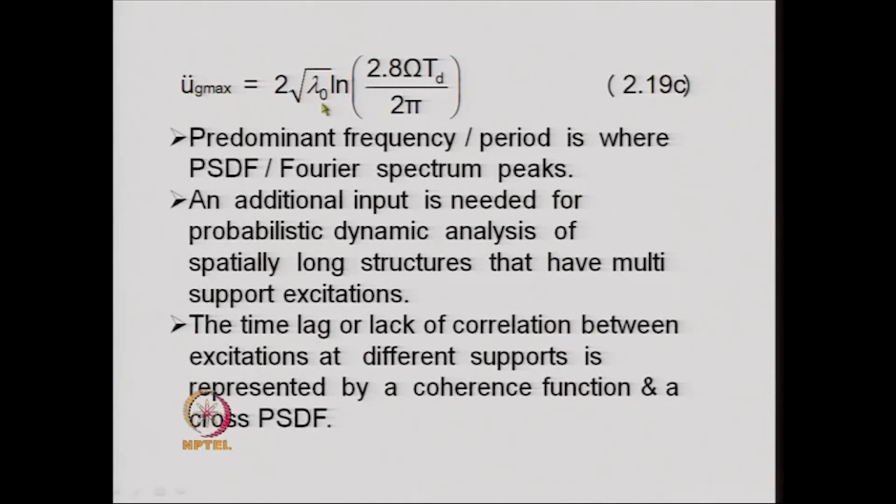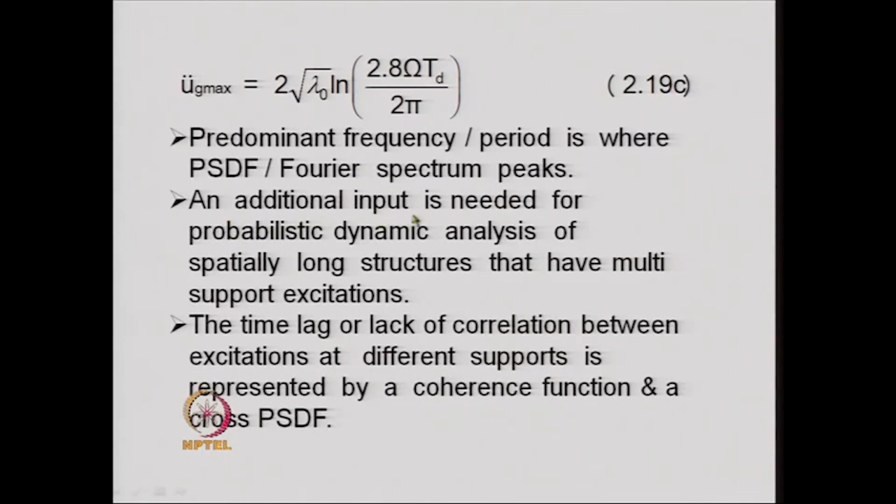So, for obtaining the peak ground acceleration, we require the moments of the PSDF curve and the root mean square value of the ground motion. Predominant frequency or period is where PSDF and Fourier spectrum peaks.